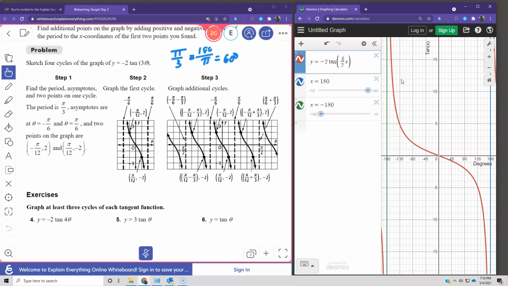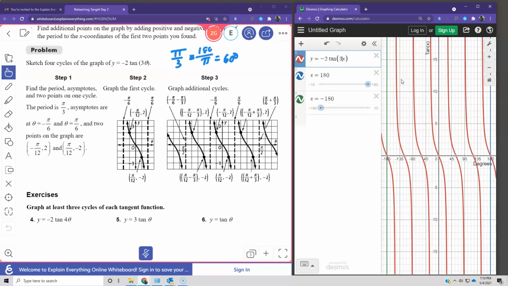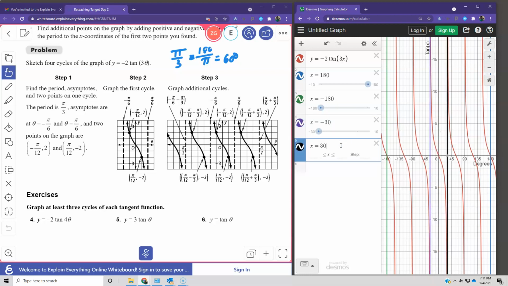So what I'm going to do now is put negative 2 tangent of 3x. Now you're probably wondering, where are the asymptotes? The asymptotes will occur at negative pi over 6, which is 30 degrees. So you're going to have x equals negative 30. x equals 30. x equals negative 60.